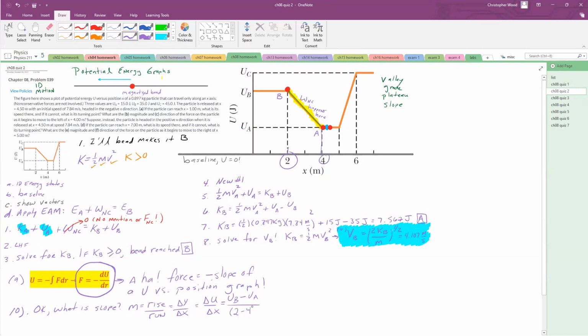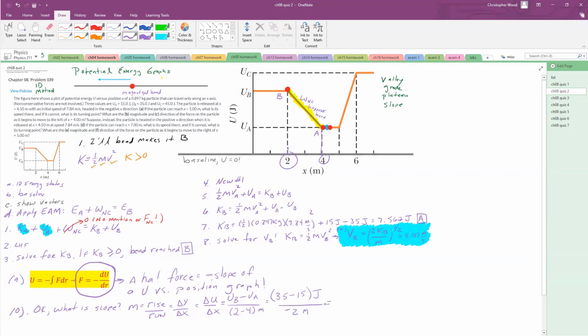Minus 4 meters. So with numbers, here's my slope. Slope is UB, which is 35, minus UA, which is 15, right? UA is 15, UB is 35 joules, all over -2 meters.